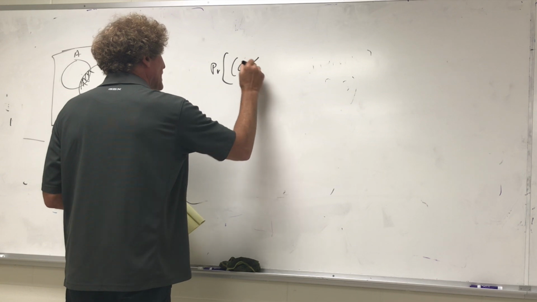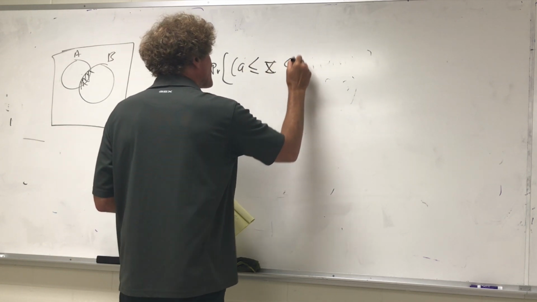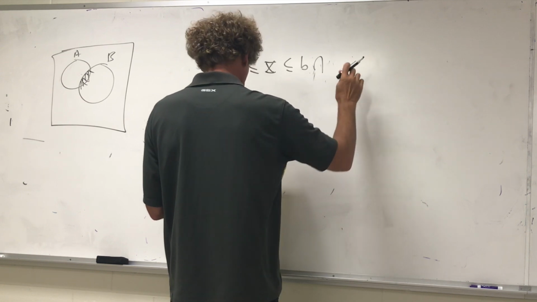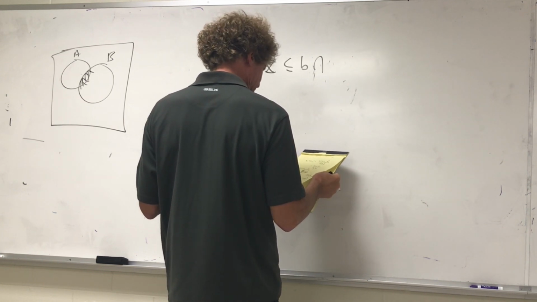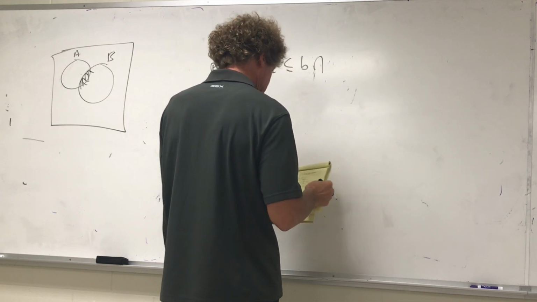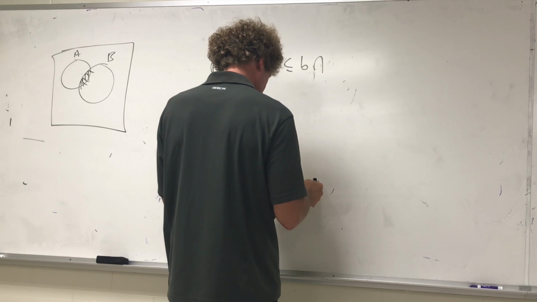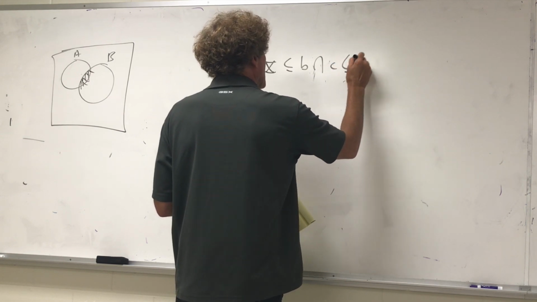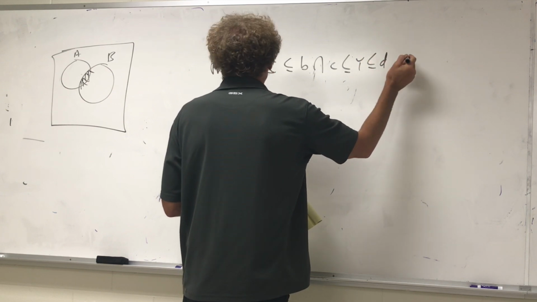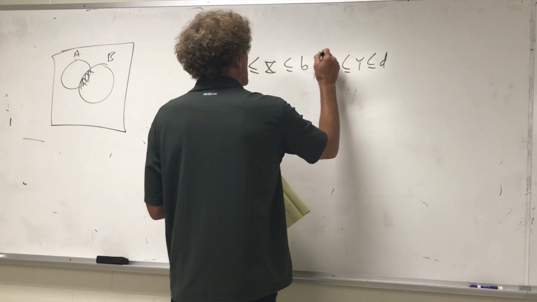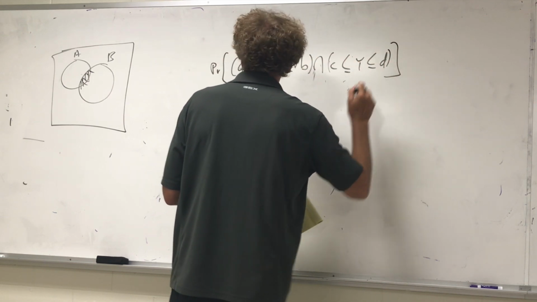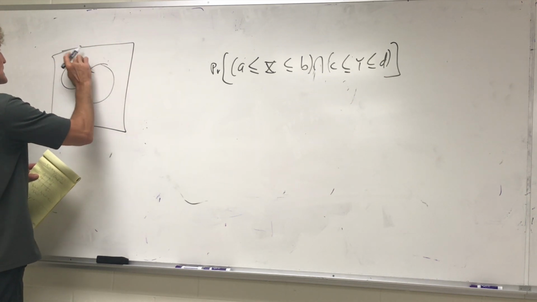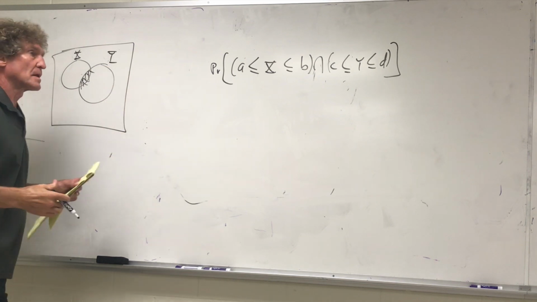This is the probability that A is less than or equal to the random variable X, less than or equal to B, intersecting with C less than or equal to Y, less than or equal to D. Let me change this, make this X, make this Y. I'm doing this for a reason.